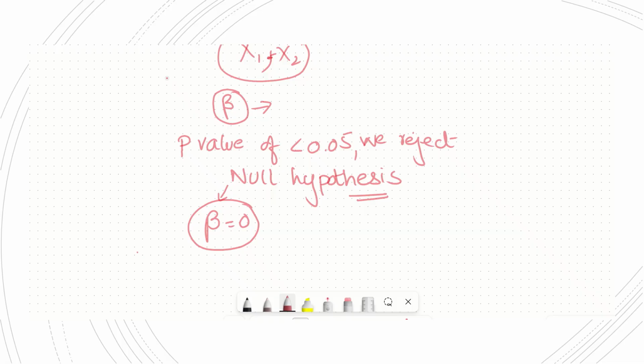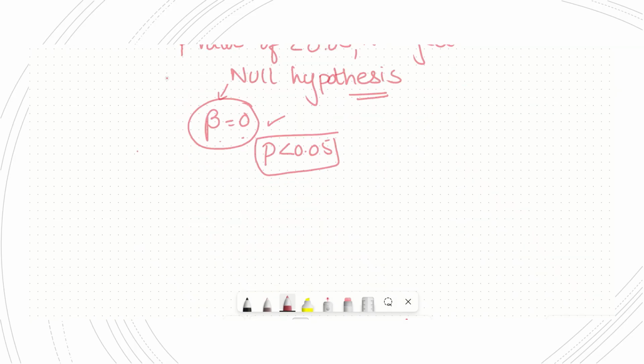If I was taking the population, it has no effect on the GDP. So when the p-value is less than 0.05, I can reject the null hypothesis that beta is 0, and I can say that whatever the value of beta is, it is statistically significant in explaining the dependent variable. Now I will also show you this with the help of the Gretl software again.